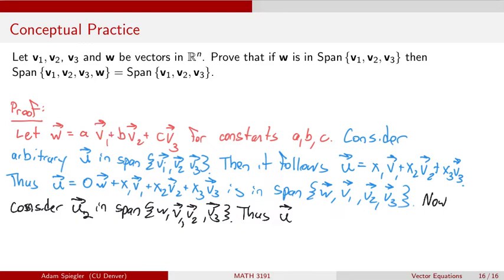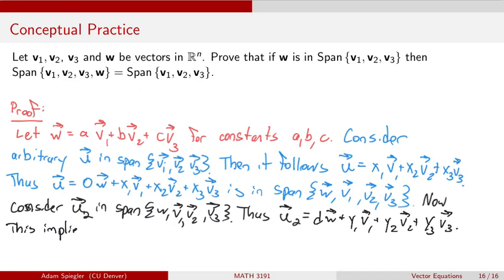Well, this means that I can write u2 as a linear combination of these four vectors. So I can write it as some constant d times the vector w plus some constant y1 times v1 plus y2 times the vector v2 plus scalar y3 times the vector v3. And this is going to imply that u2 can be written, with some regrouping of terms, as follows.